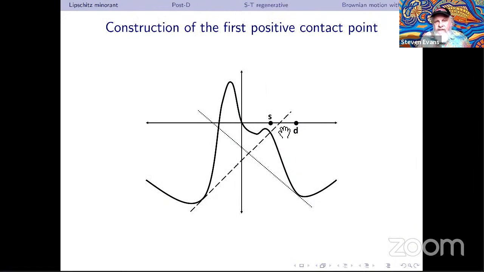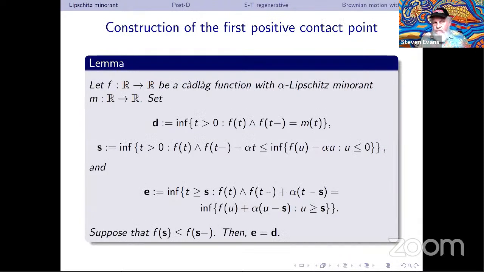Okay, and then what we do is look to the right of S and lift up a line of slope minus alpha and see where that line of slope minus alpha first intersects the graph of f to the right of S. And a little bit of work shows that if this condition here holds, that'll indeed be the first contact point of f with the minorant.